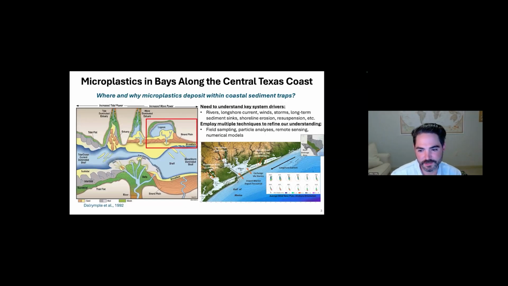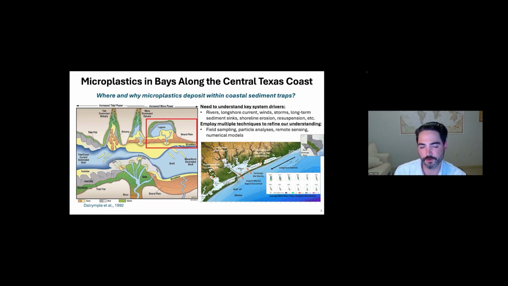So my presentation today is going to take us on a field trip to the Texas Gulf Coast, where we're looking at a series of coastal environments. Mainly my research focuses on bays, lagoons, estuaries. I'm calling them bays today, as well as the barrier islands that protect these shallow water environments.